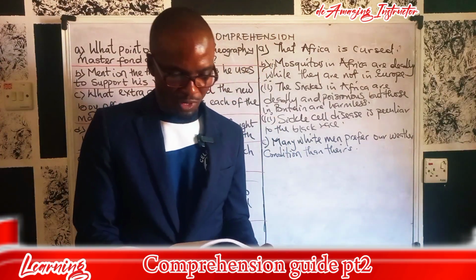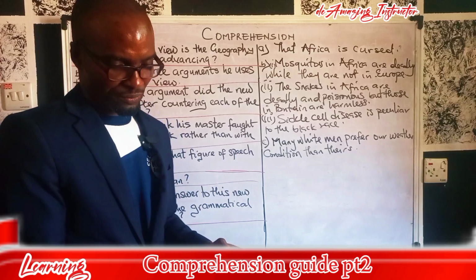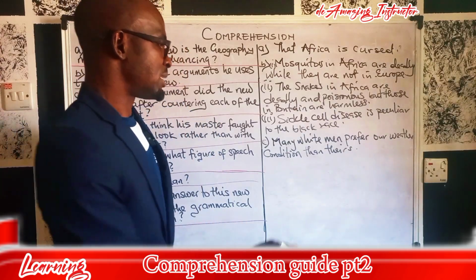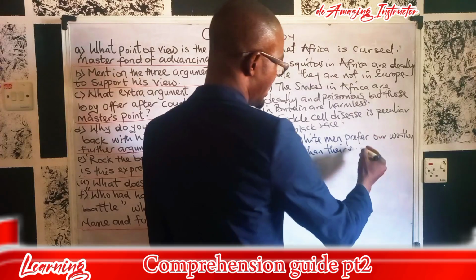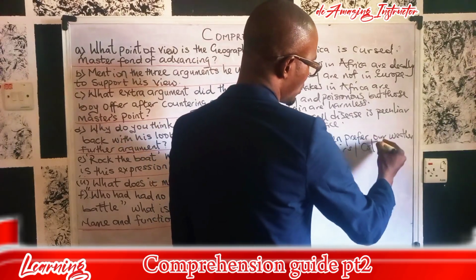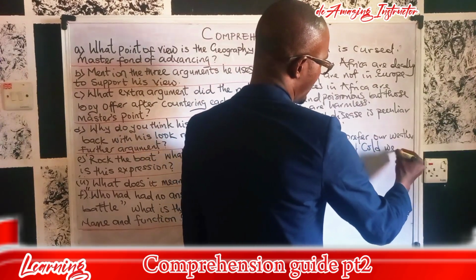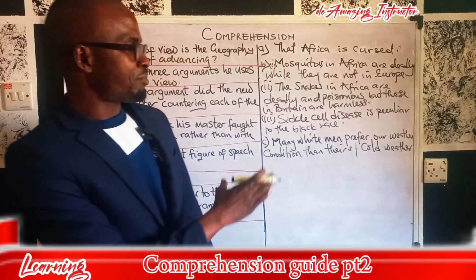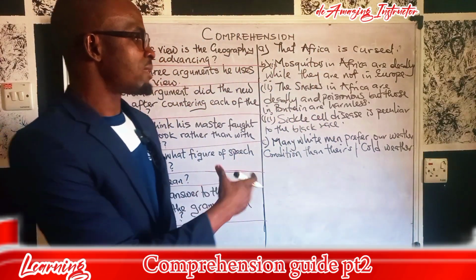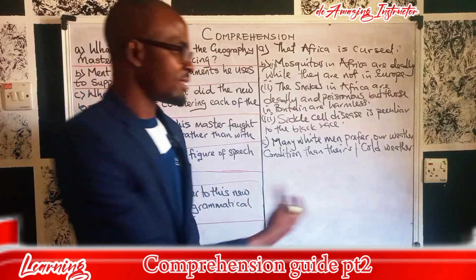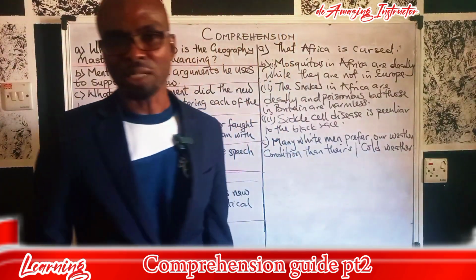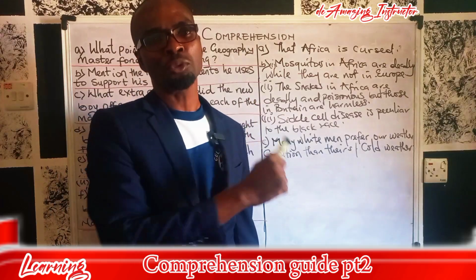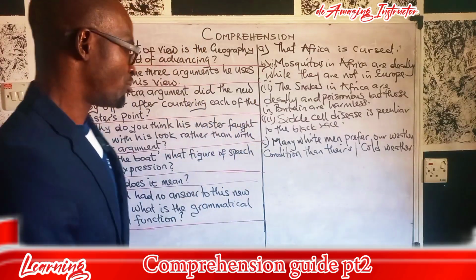Many white men prefer African sunshine. They prefer African weather condition than theirs, or than their cold weather. So, many white men prefer a weather condition than theirs, that is, than their cold weather condition. So that was an additional point leveled by the new boy.